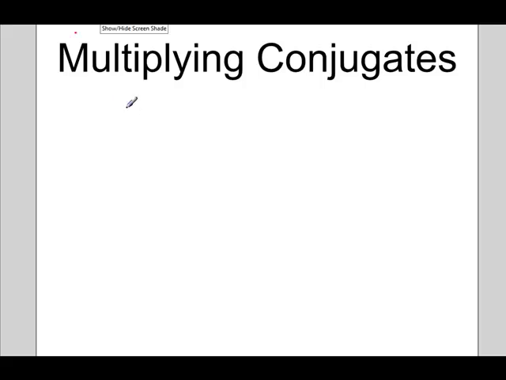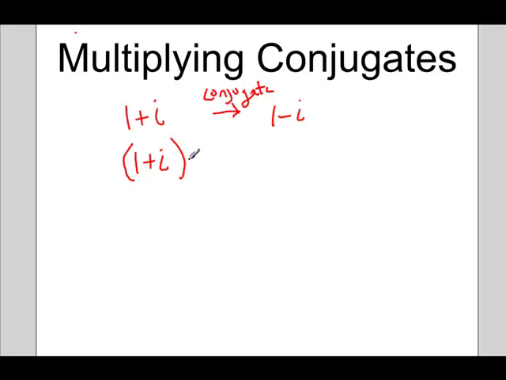1 plus i. The conjugate is 1 minus i. If you see what happens here, we get 1 plus i times 1 minus i.